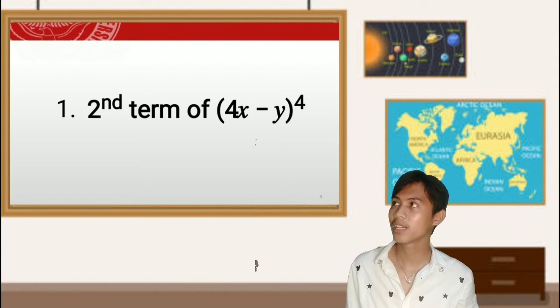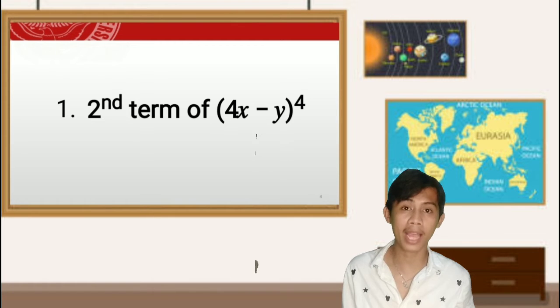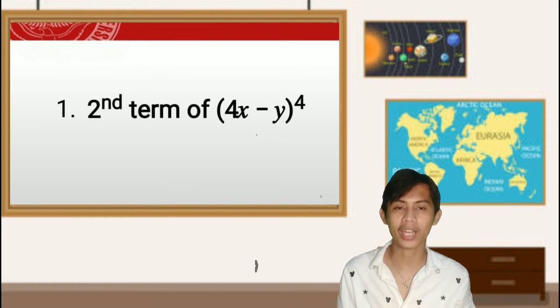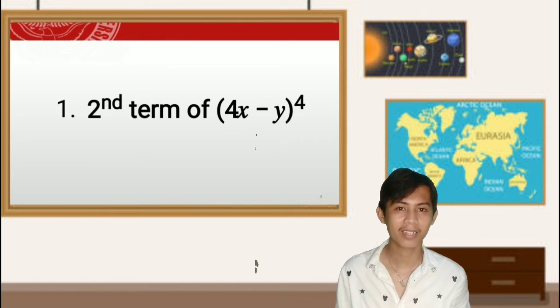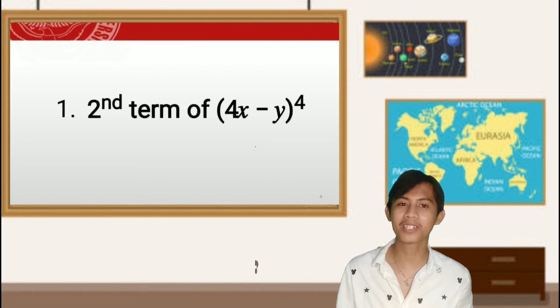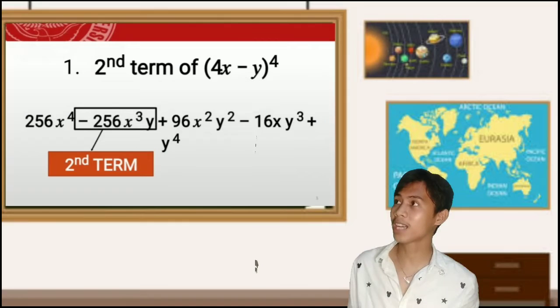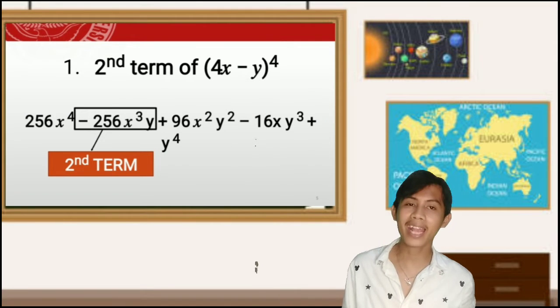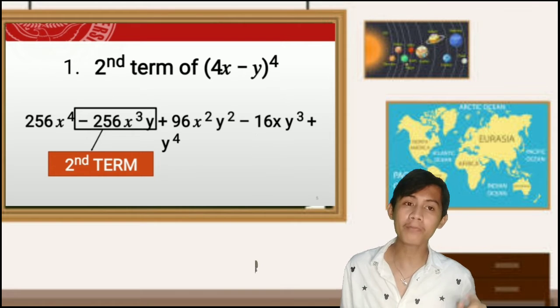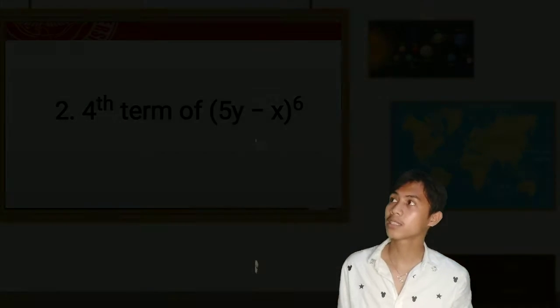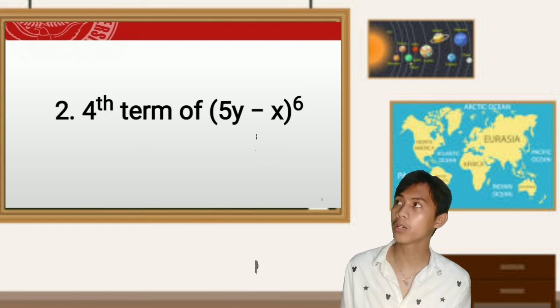Number 1. What is the second term of (4x minus y) to the power of 4? Yes, dogs. Yes, very good. So, the second term is negative 256 x to the power of 3 y. Next, number 2.